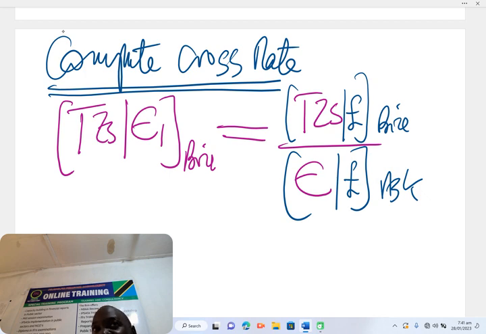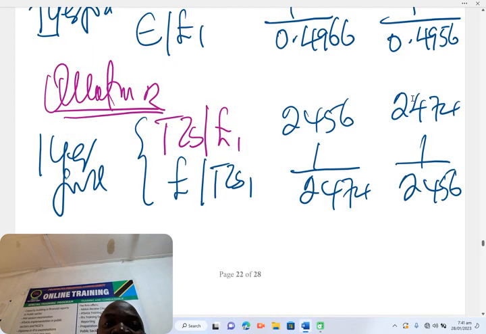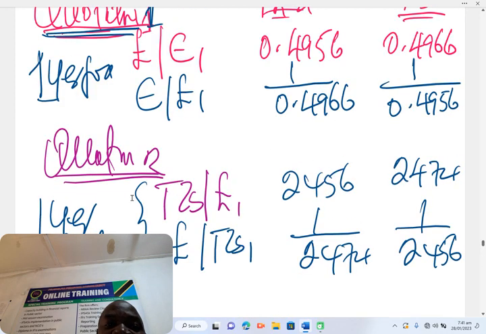It's very simple, isn't it? Remember, you have to go from the above. What is Tanzanian shillings against pound bid?